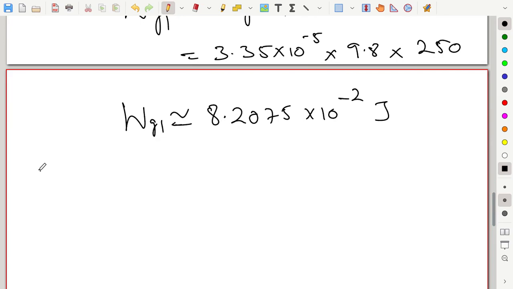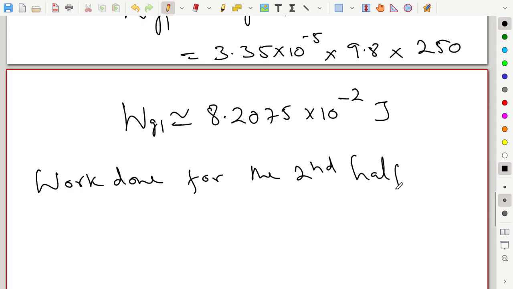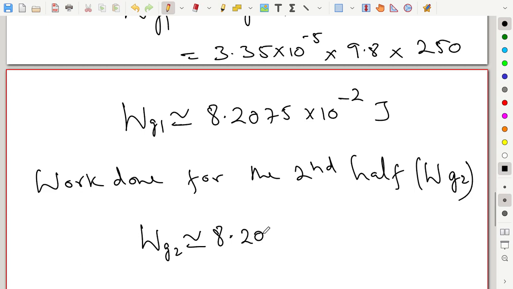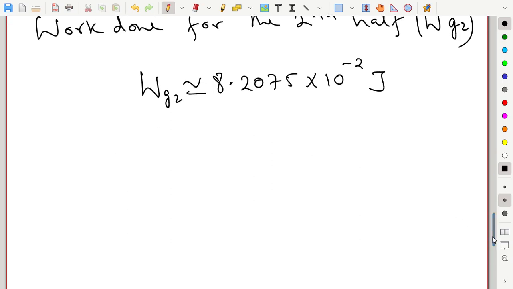So the work done by the gravitational force for the second half, that is WG2, is also approximately 8.207 into 10 power minus 2 joules. So we have calculated the first part of the problem.